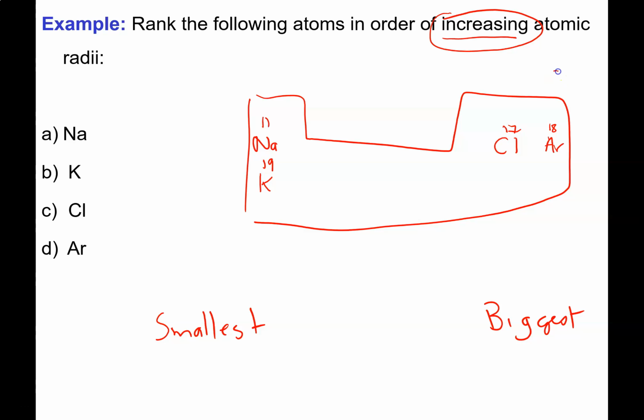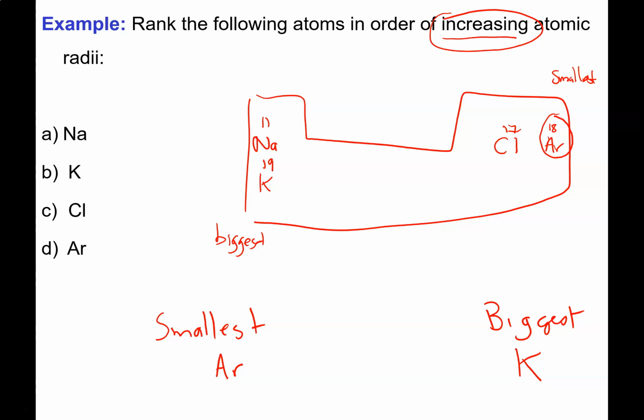So remember that the smallest atoms are up here and the biggest are down here. We can pretty easily identify that the smallest atom of this group is going to have to be argon, and then the biggest atom of this group will be potassium.